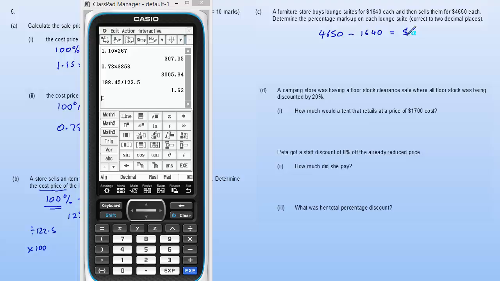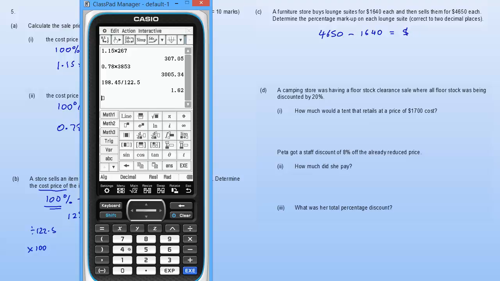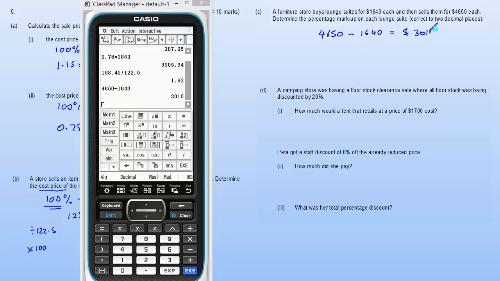So let's look at how much they actually add. So $4,650 take away 1,640. So they've marked it up by $3,010. So let's see what that is as a percentage of the cost price.